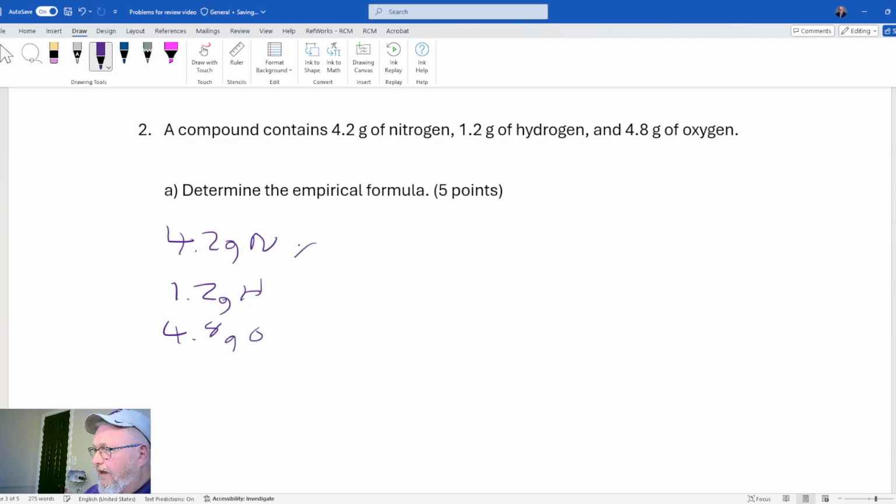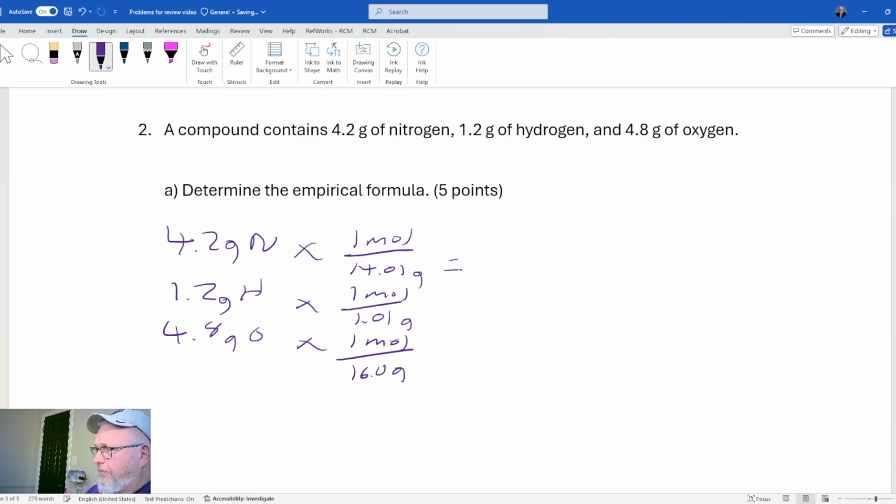First of all, I've got to get the number of moles, so I'm going to divide by the molar mass. Nitrogen is 14.01, then hydrogen, 1 mole over 1.01 grams, and then oxygen, 1 mole divided by 16.0 grams.